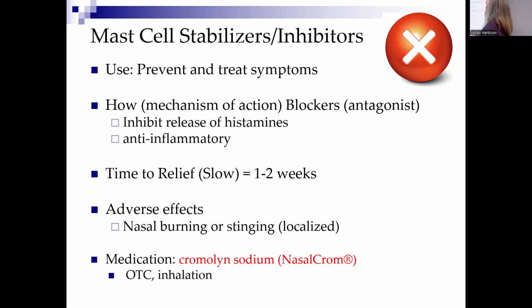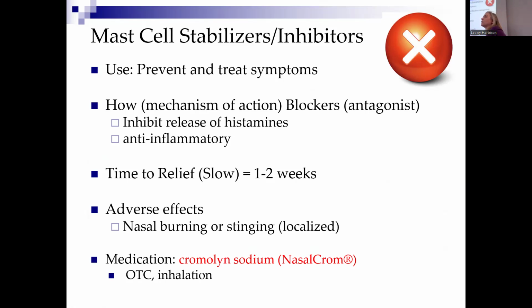And the thing about mast cell stabilizers like Nasalcrom, which is a popular over-the-counter inhalant, it doesn't tend to work 100% right away. You have to use it for a little while. So you might start it before the height of seasonal allergy season, if you know something's going to come into bloom in April or March or February even.